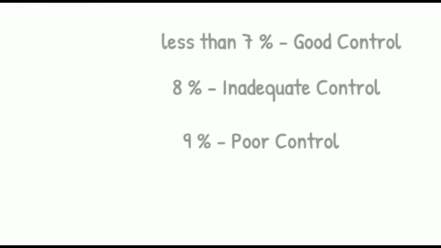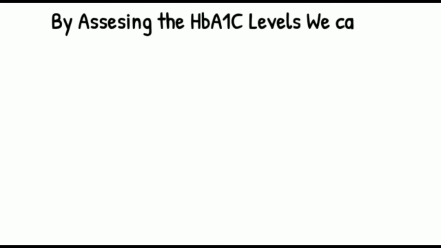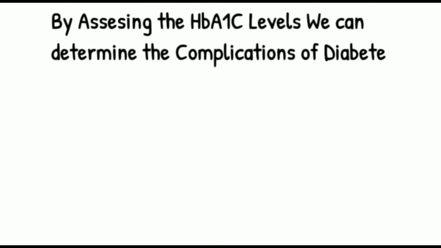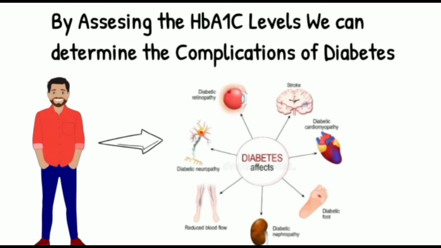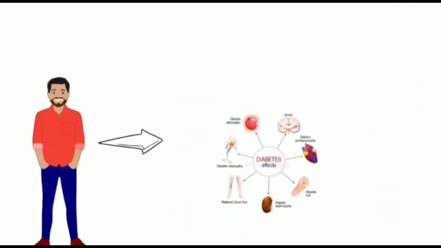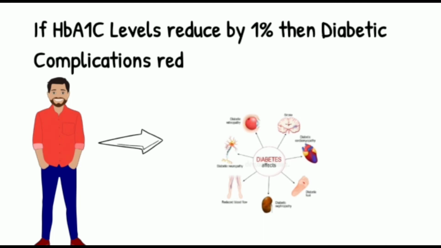With the help of HbA1c, we can assess the complications or the risk associated with diabetes, that is, diabetic complications like retinopathy, neuropathy, nephropathy, etc. If the person has reduced their HbA1c levels by 1%, we can say that he has reduced the risk of diabetic complications by 25%.